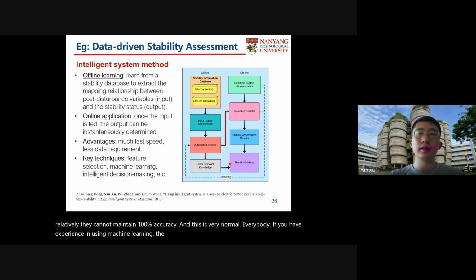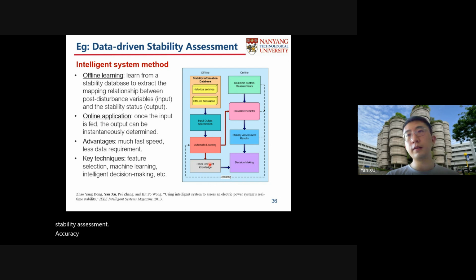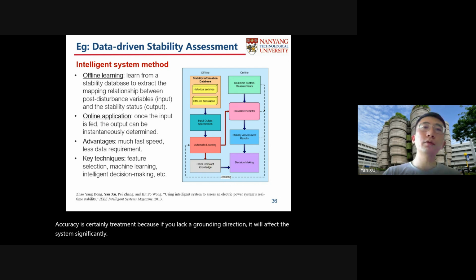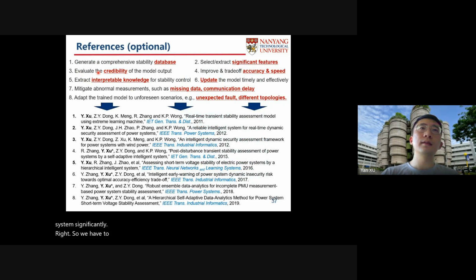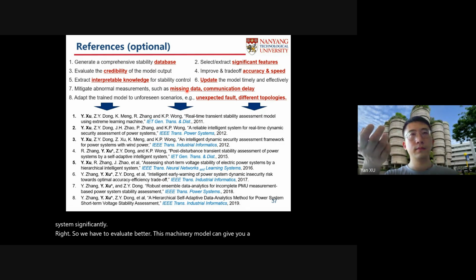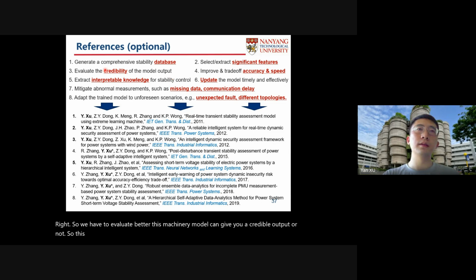For power system stability assessment, accuracy is certainly critical, because if you make a wrong decision, it will affect the system significantly. So we have to evaluate whether this machine learning model can give you a credible output or not. This is a very important concern. So in our group, we have also developed some credibility criteria. And we need to improve the accuracy and the speed.